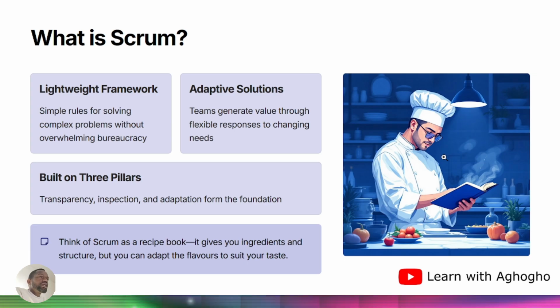So teams generate value through flexible response to changing needs, that is, in terms of adaptability. When you are developing this project, there is need for adaptability. You come up with easier ways of resolving these problems.